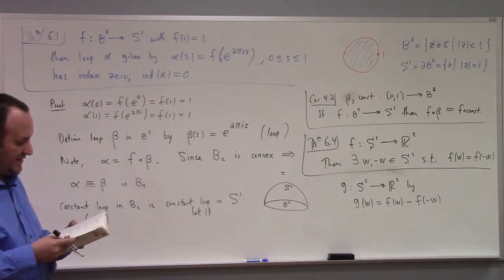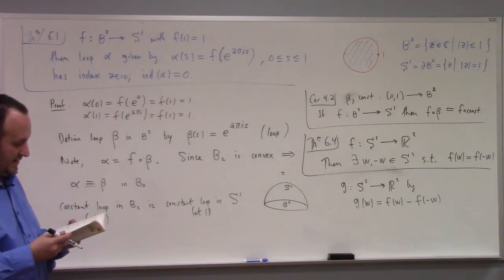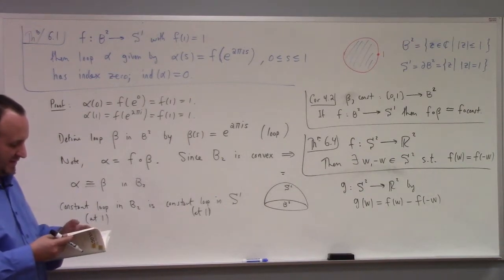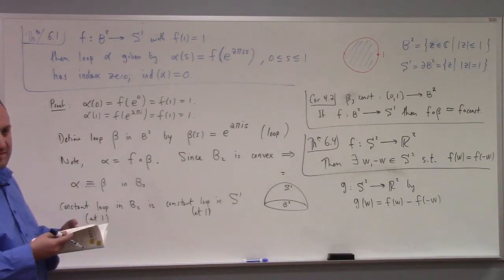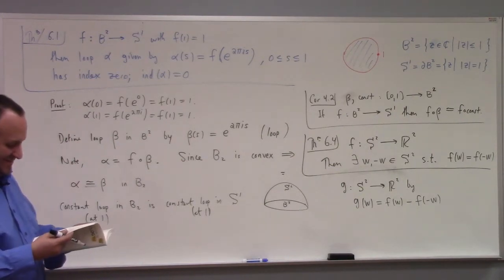And so doing, he constructs a mapping from the disk to S1, which maps 1 to 1, and that gives us a loop which has index 0, and then he shows through this calculation that the loop also has odd index. Of course, it can't have index 0 and also have odd index, but it's rather like, what?